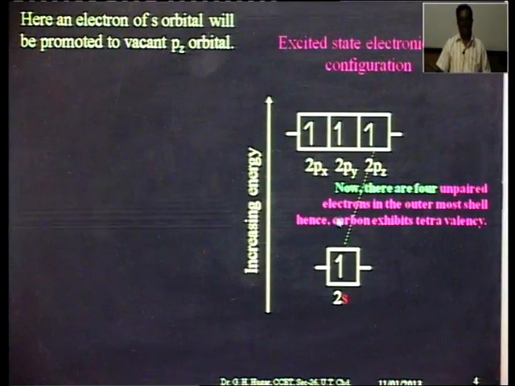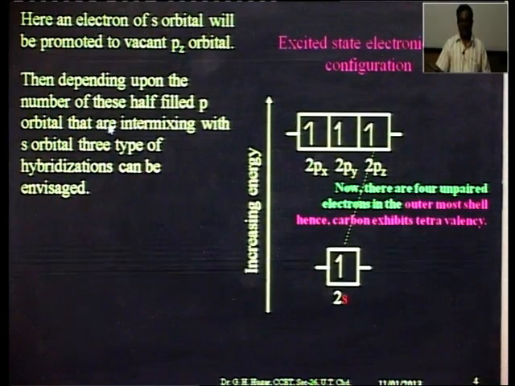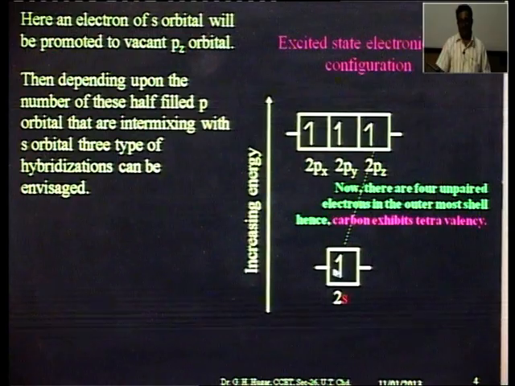Therefore, it can explain the tetravalency of carbon, and then depending upon the number of these half filled p orbitals that can intermix with this s orbital, we can envisage different types of hybridization.